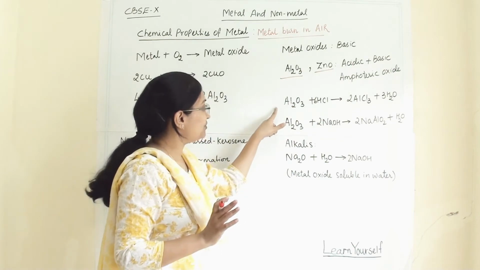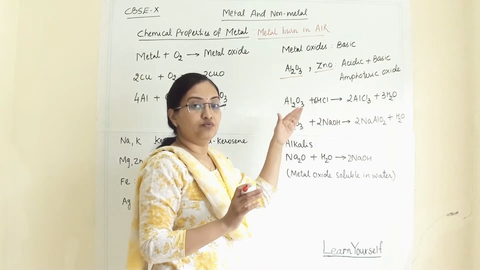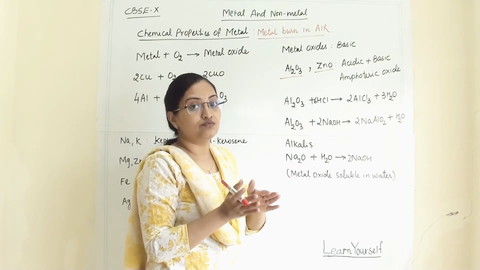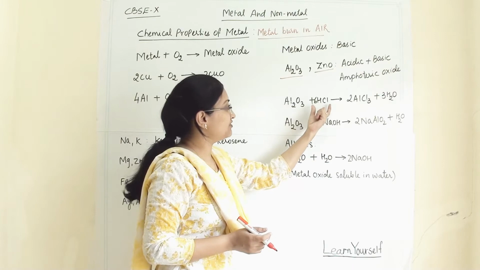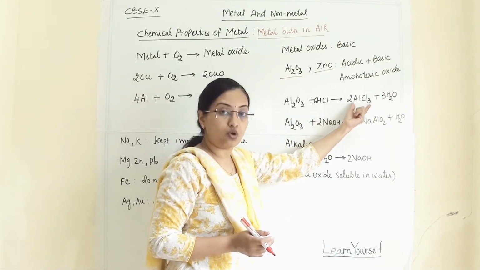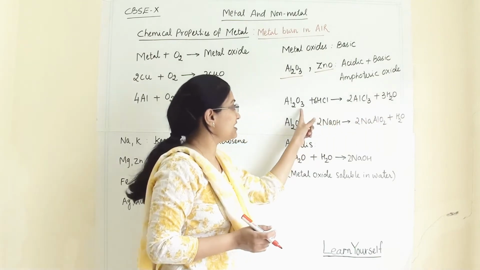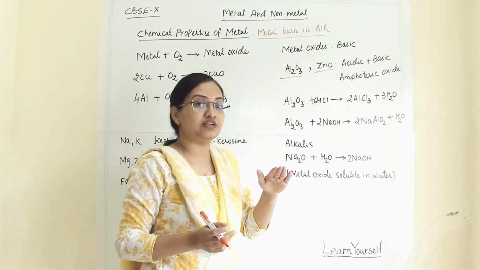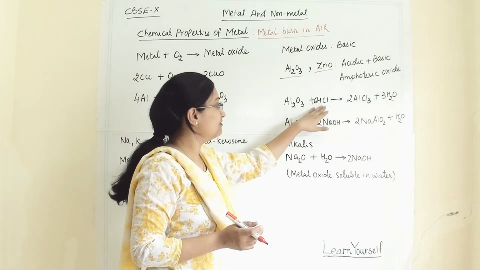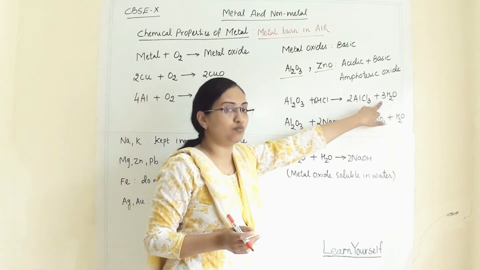Now we are checking their reaction with acid as well as with base. So when aluminium oxide reacts with acid, it will give us salt, aluminium chloride, and water. Just like a neutralization reaction. In a neutralization reaction also, suppose the base is NaOH, then we will get salt and water.